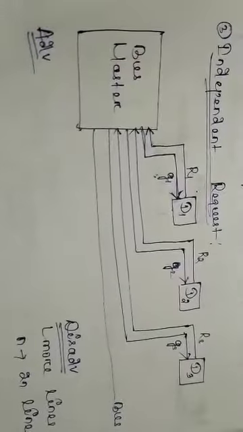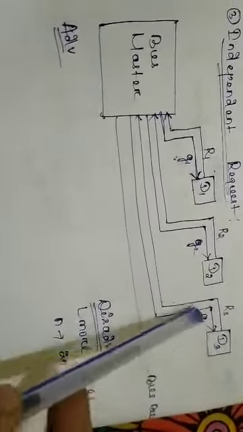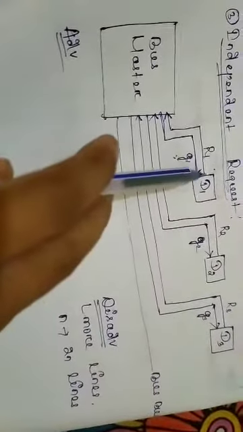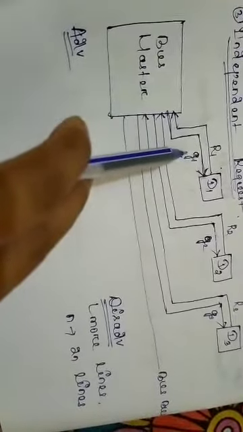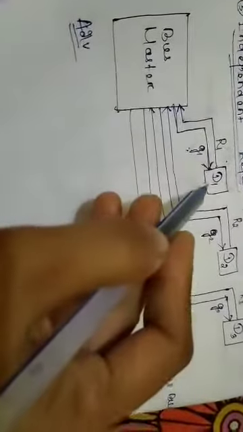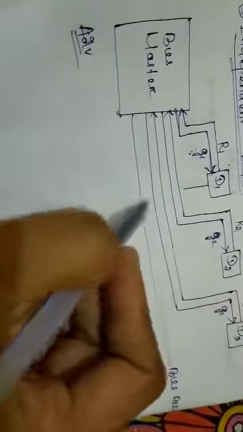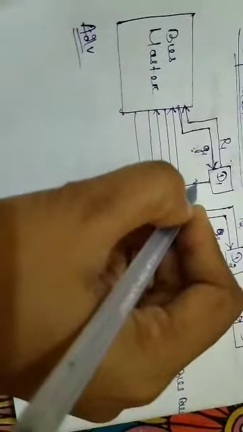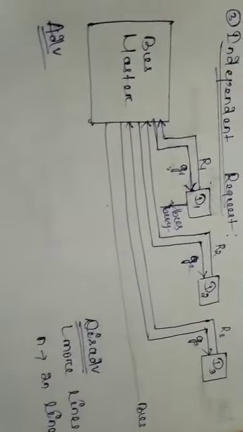For D2, R2 is the request line and G2 is the grant line, like this. And once D1 is requesting and the grant line is activated, then it has to release the bus busy signal. Okay, like this it will perform.